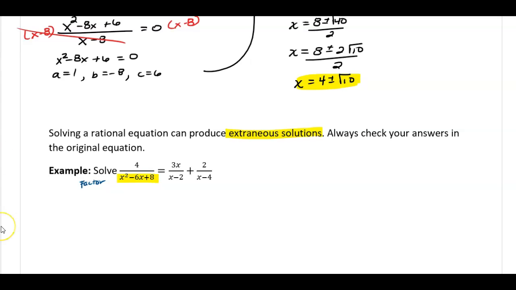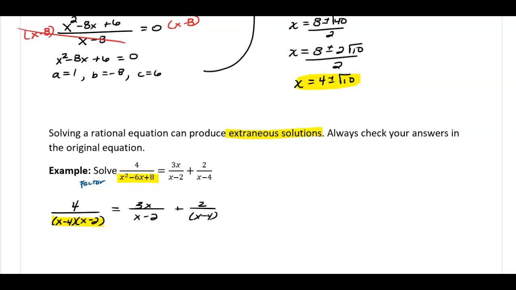Okay, when we factor, we get 4 over x minus 4, x minus 2 equals 3x over x minus 2 plus 2 over x minus 4. Our goal is to get this.